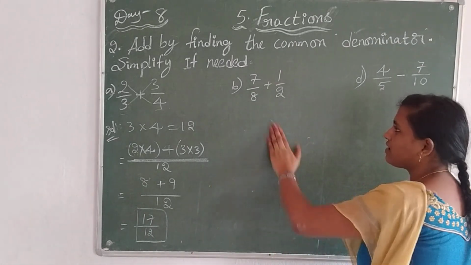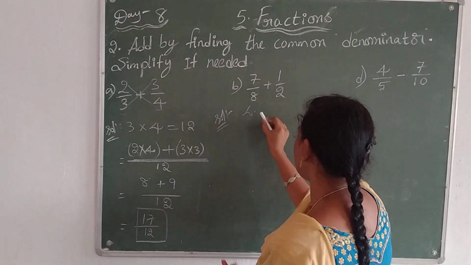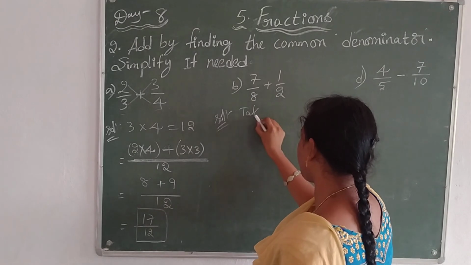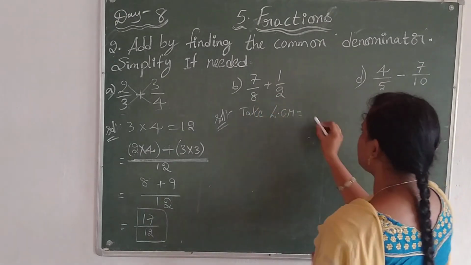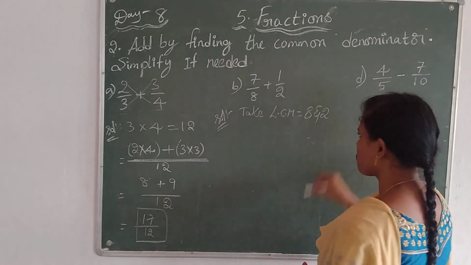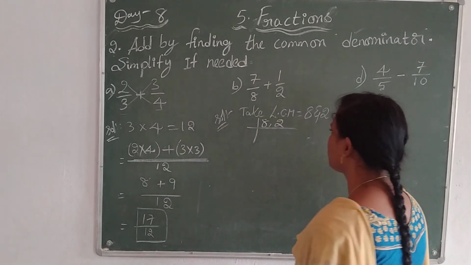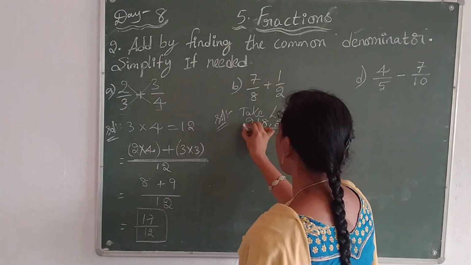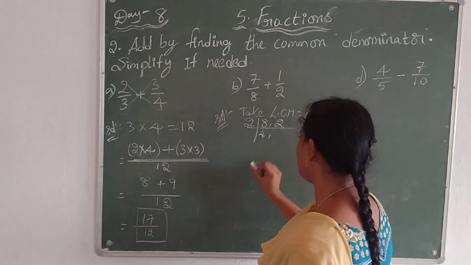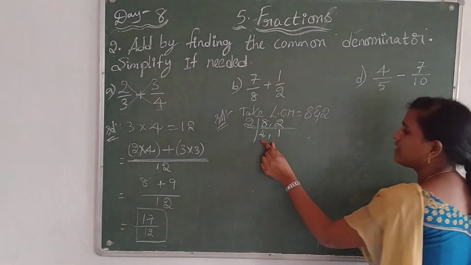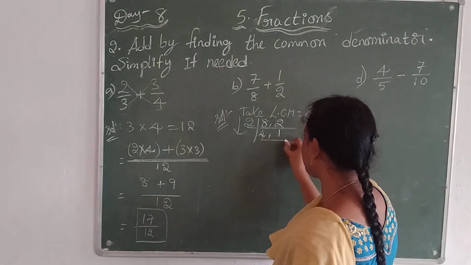So let's apply LCM here. Solution: take the LCM of 8 and 2. 8 and 2 are cancelled in the two table, right? 2 is cancelled here 4 times, here 1 time. Are any numbers cancelled in 4 and 1? No. That's why take arrow marks.